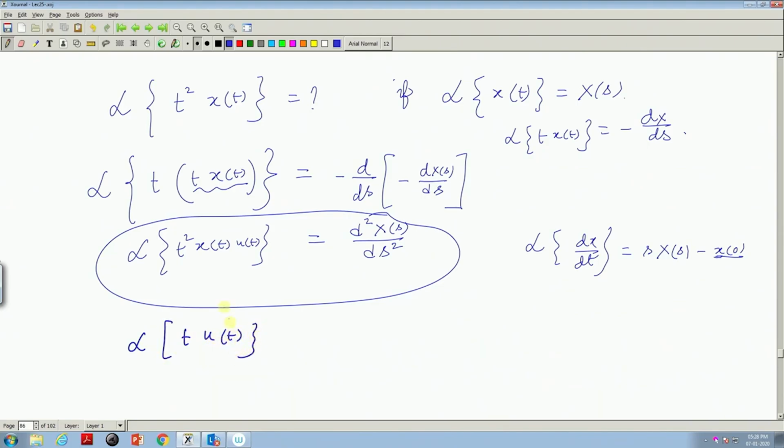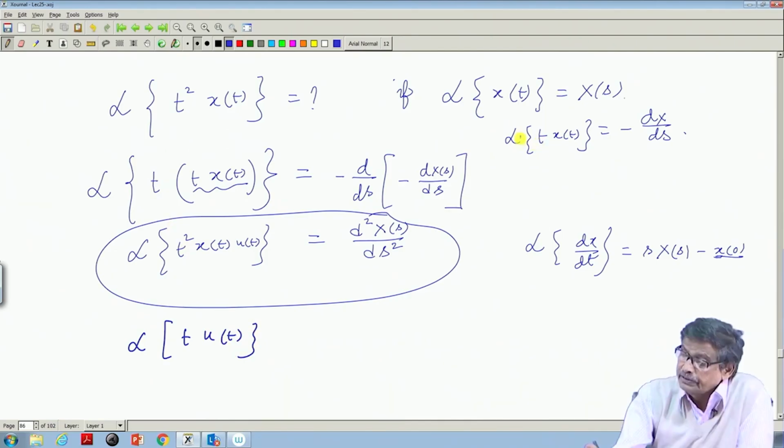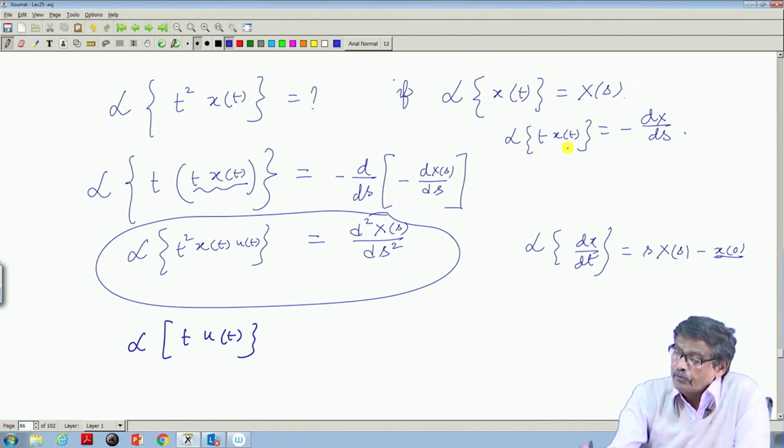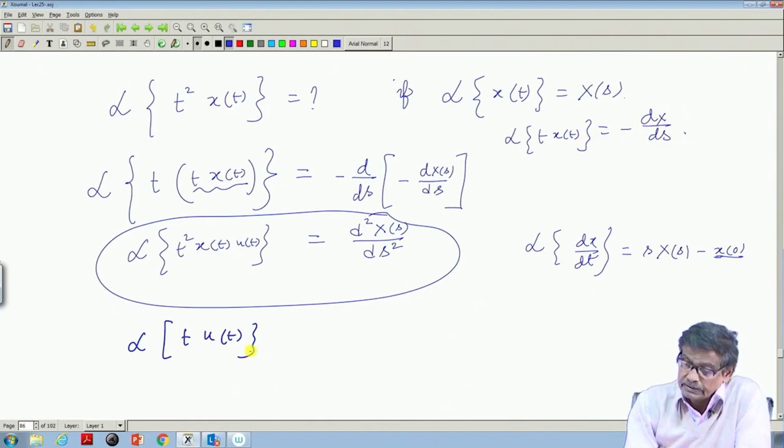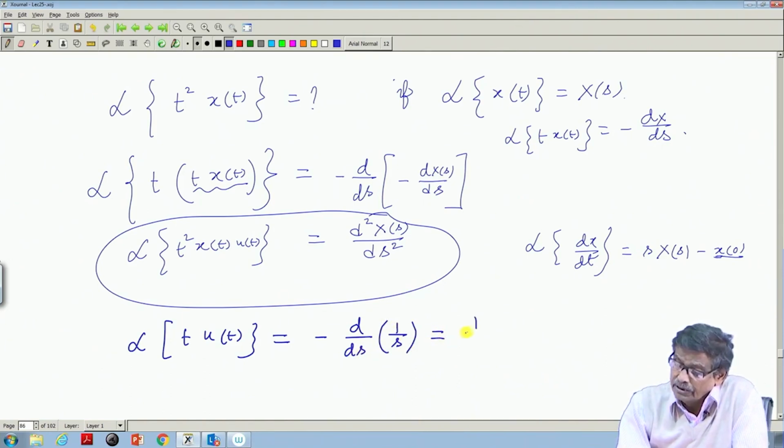If Laplace transform of x(t) is X(s), then Laplace transform of t x(t) is minus dX/ds. So, in this case this will be minus of d/ds of 1 by s, and that is equal to 1 by s square.